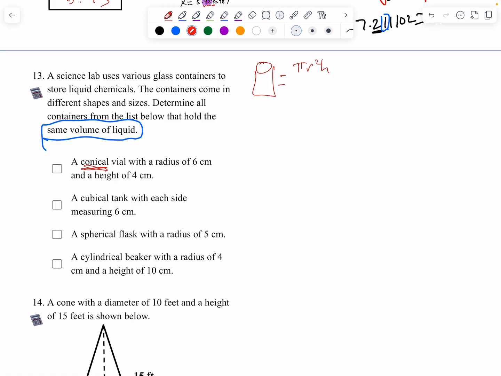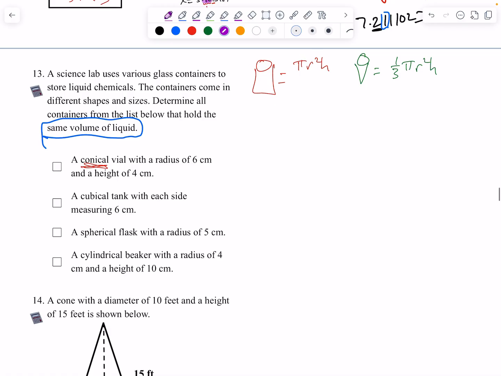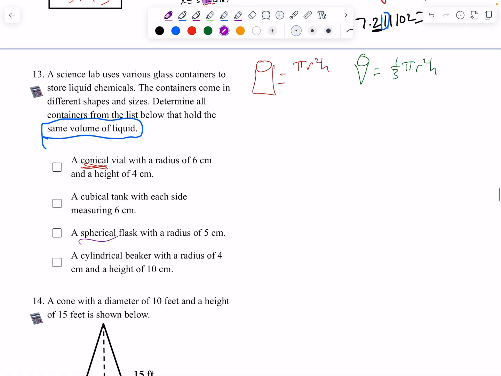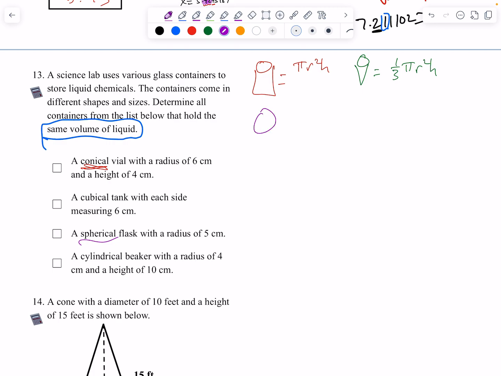If it is a cone, three cones fit into the same cylinder if it has the same height and same radius, so the volume is 1/3 pi r squared h. And if it's a sphere, that's a ball, so a ball is 4/3 pi r cubed. So those are your formulas. Your job is to figure out which ones are the same.